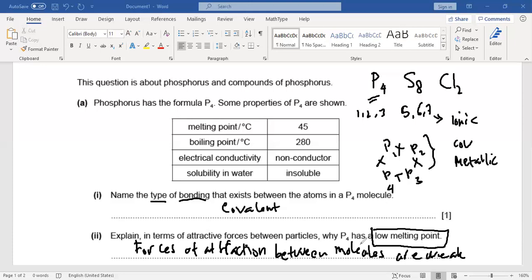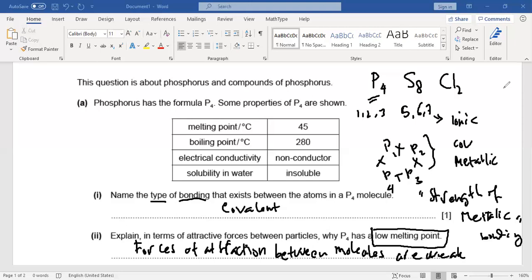Remember, the factors that affect the melting point of a non-metal are different from those of a metal. The factor that affects melting point for a non-metal is the attraction between the molecules, but the factor that affects melting point for a metal is the strength of metallic bonding. Remember, yeah.